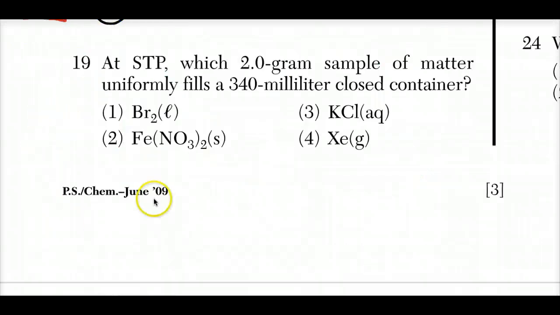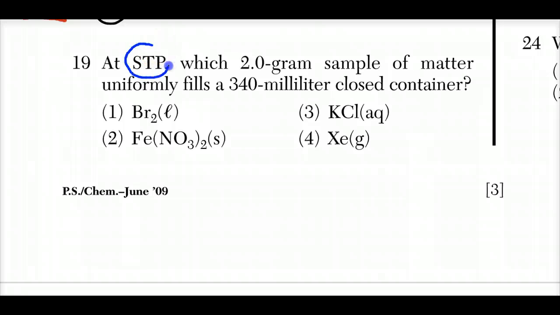Number 19. At STP, standard temperature and pressure, which if you didn't know and if you needed it, table A gives you those data. Which 2-gram sample of matter uniformly fills a 340 milliliter closed container? Well, a lot of information here.